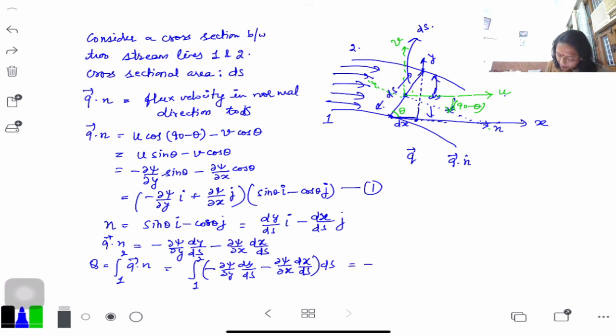And I can write it as the derivative of psi. You may solve it and get that this is nothing but psi 1 minus psi 2. Again the same result: the flux across a cross section joining the two streamlines is nothing but the difference in the values of stream functions at the two lines.